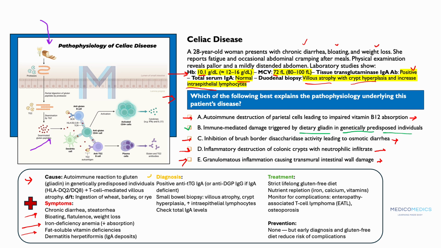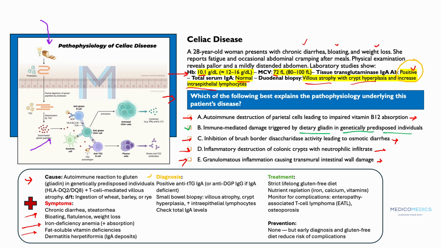Looking at diagnoses then. So positive anti-tTG immunoglobulin A antibodies, which we saw up here. The test was positive. Or another diagnostic criterion could be anti-DGP immunoglobulin G if the patient is immunoglobulin A deficient.